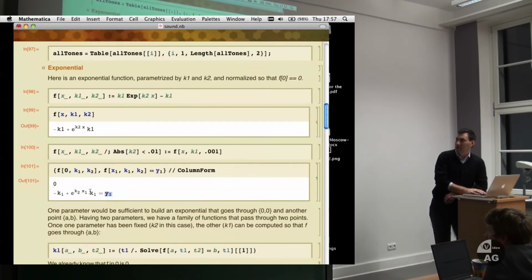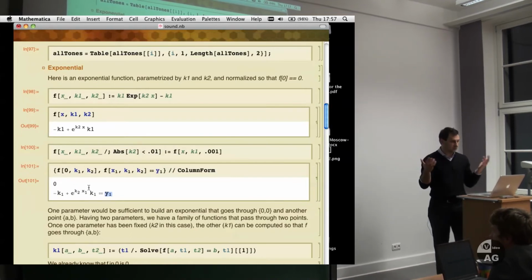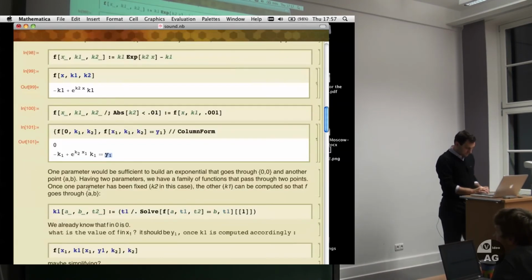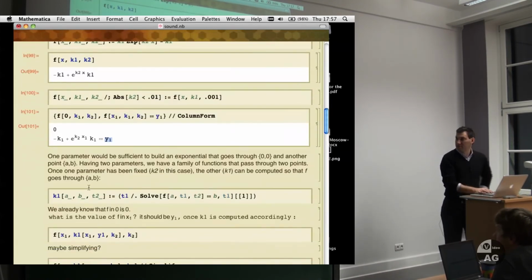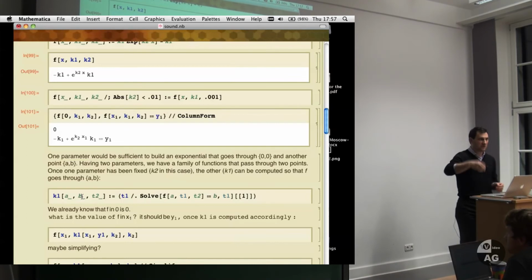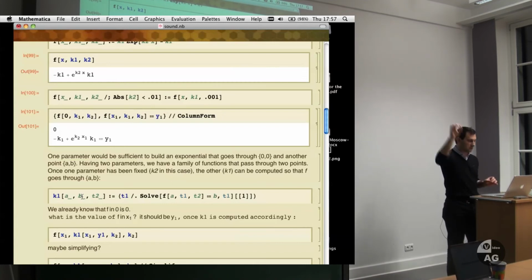I have too many variables: k1 and k2. So I can fix one and solve for the other. I artificially fixed k2, here I call it t2, and my friend will be able to change the value of t2. It doesn't matter which value it assumes. K1 will always be computed so that in x1 the function goes to y1.